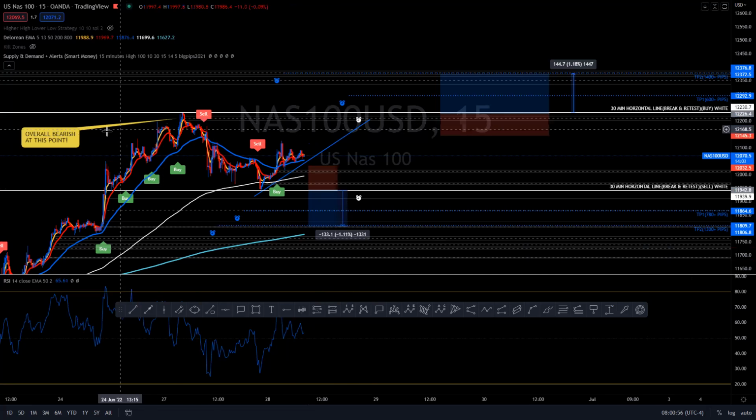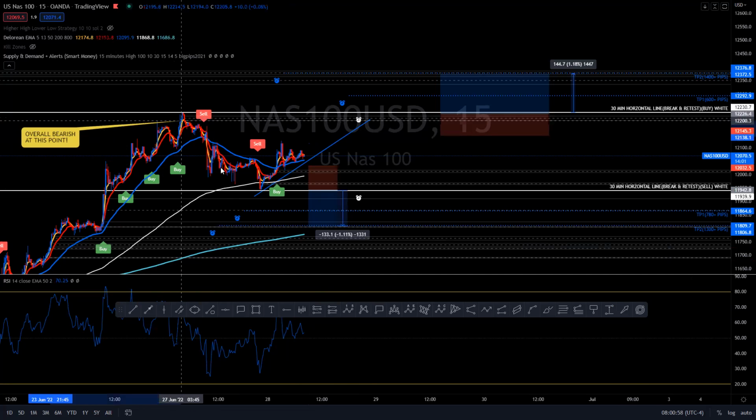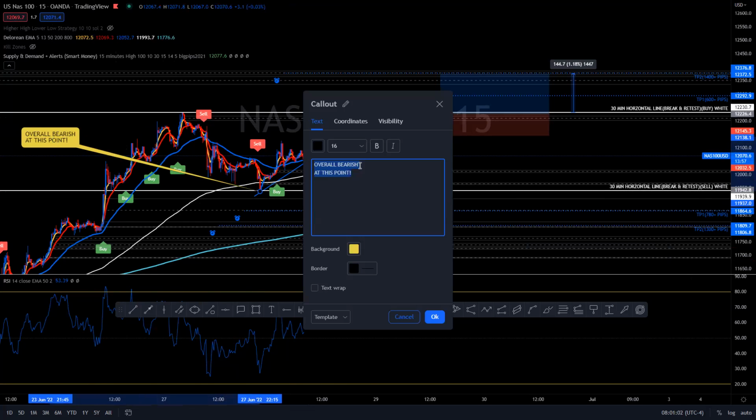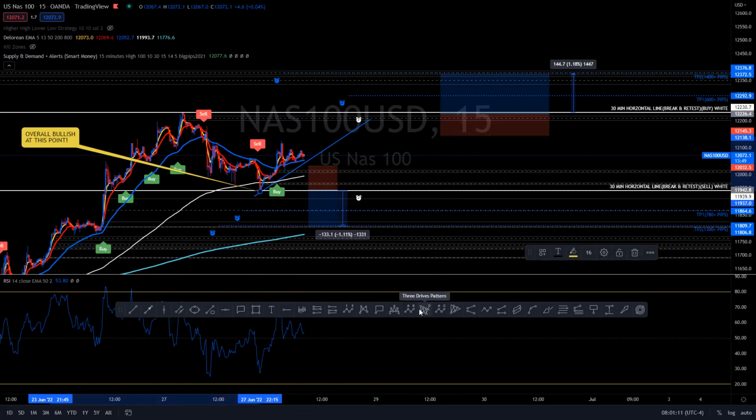So we'll see. But let me change this here. Change it to overall bullish.